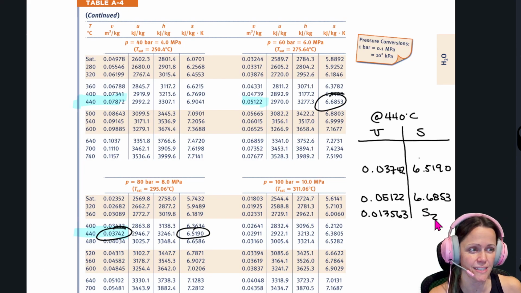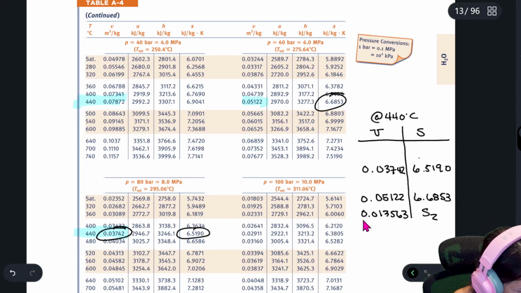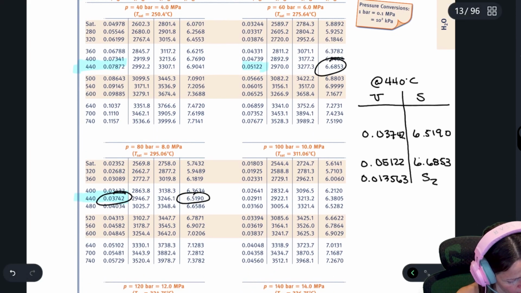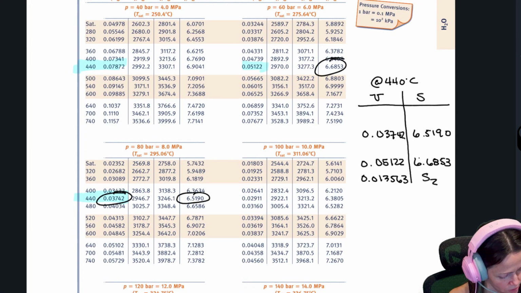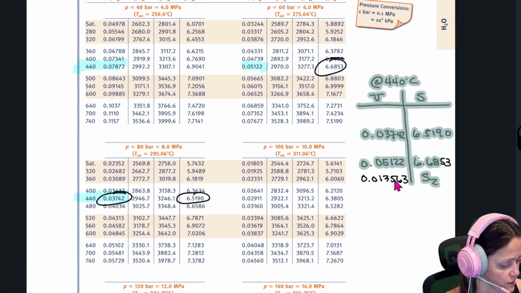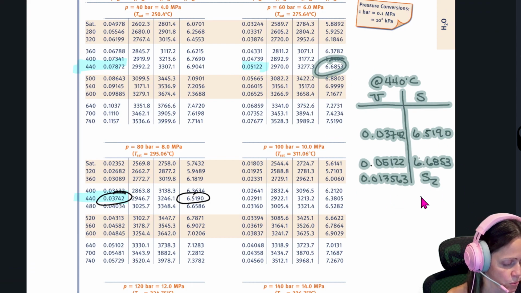Maybe I could have put this like, oh, darn it. Somebody was like, what? 0.013 is not between 0.05 and 0.037.